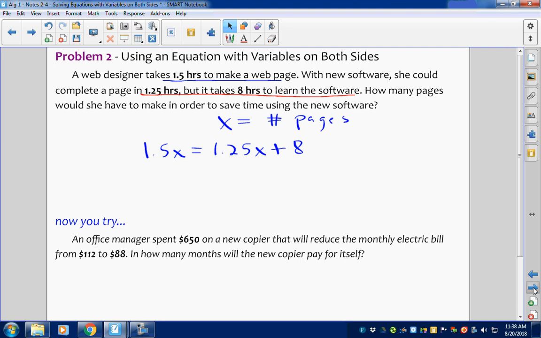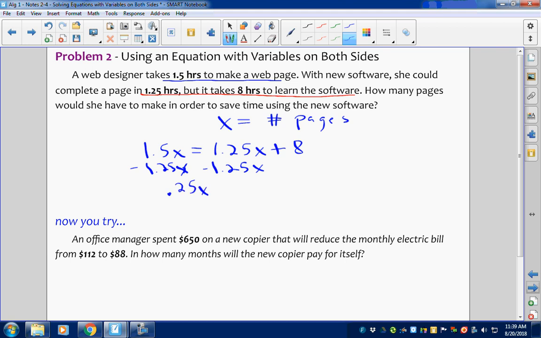It's already losing 8 hours in the training, right? So it's going to have to be 8 hours plus something. But let's go ahead and solve this. If you subtract 1.25x from each side, we get 0.25x equals 8.